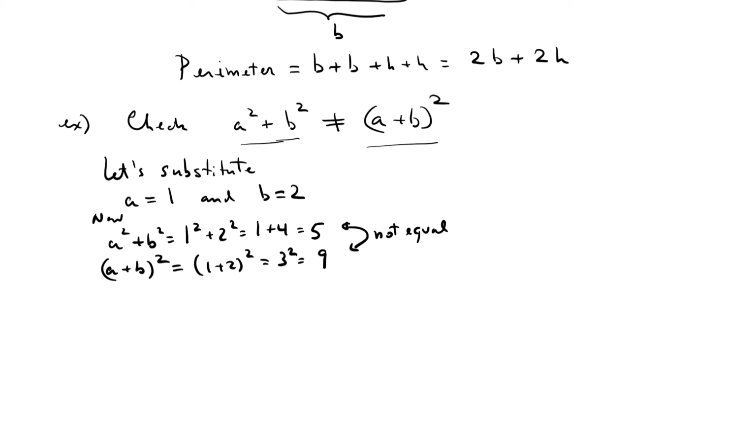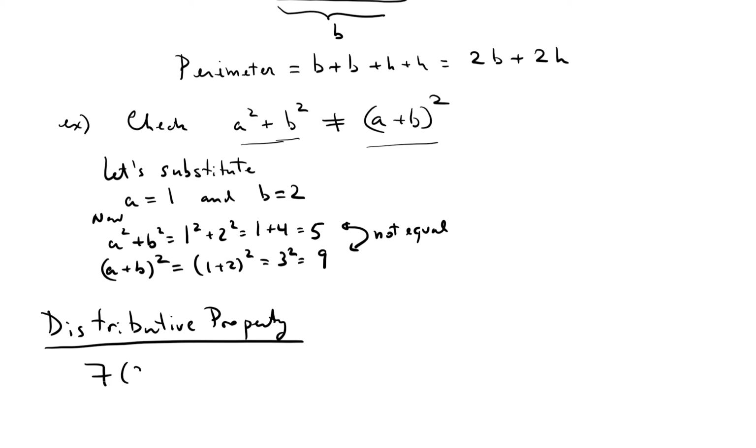Okay, so one last thing to look at, the distributive property. In fact, this section says algebraic properties, but this is the only property that they actually state. So what's the distributive property?